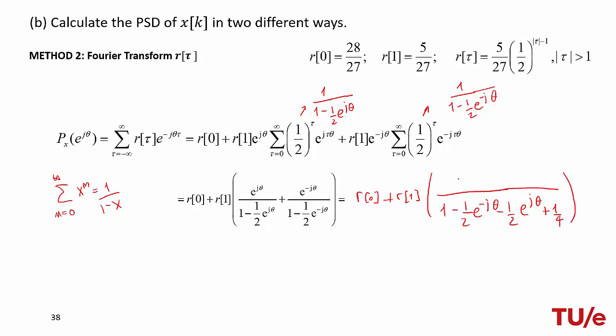And at the numerator I get e to the power of j theta minus 1 over 2, plus e to the power of minus j theta minus 1 over 2.